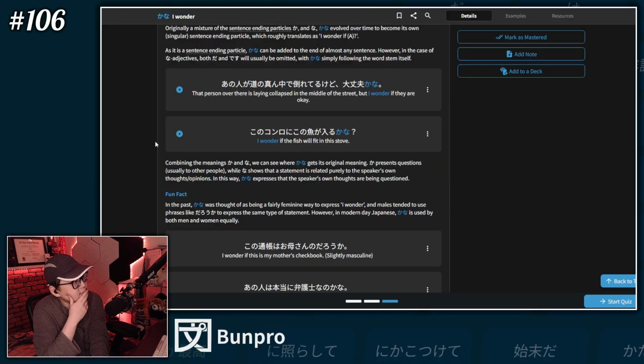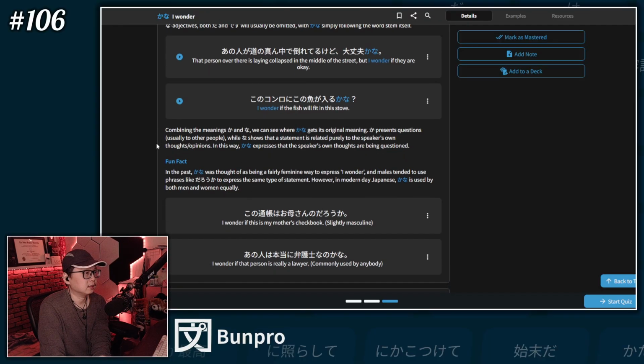The heck is a kondo? Oh, stove. Combining the meaning of ka and na, we can see where kana gets its original meaning. このコンロにこの魚が入るかな？ Yep.